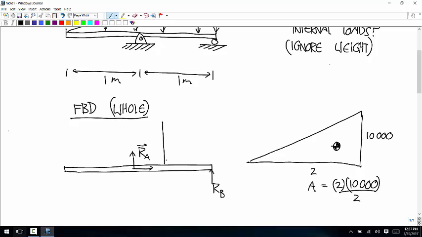So here. This distance is 1/3 of 2 meters, so 2/3 of a meter. And that means this side is 1 1/3, 4/3. Any questions about that free body diagram?